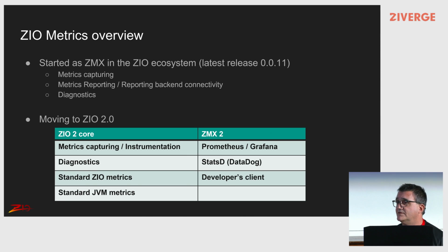This is what we have done in ZIO 2. So ZMX still exists. All the backend implementations, Prometheus and StatsD currently, are staying in there, and we have started the work on our own client.